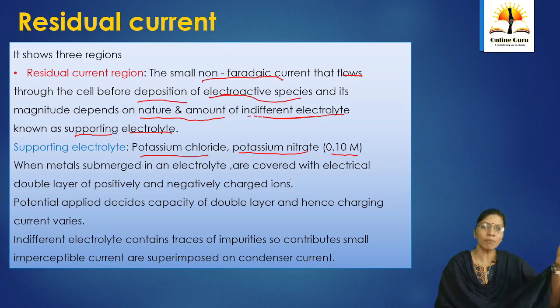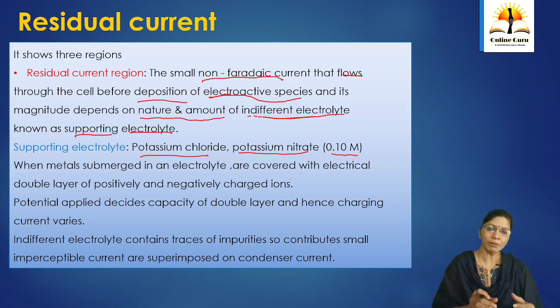So whatever potential is applied initially, what is in larger concentration will carry the current, right? And that will be non-Faradic current because the potential is not sufficient to cause decomposition of the potassium salt, as we discussed. What are selected as supporting electrolyte? Those salts which are not going to decompose at that potential magnitude. So they are just accepting and making a charge created on the electrode system, and this process is measured as residual current.